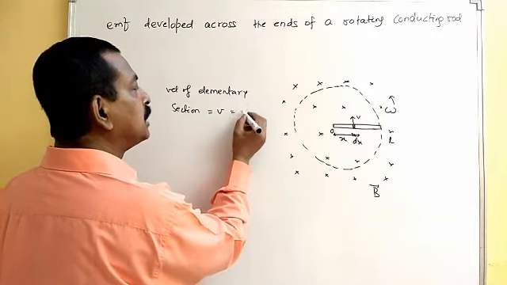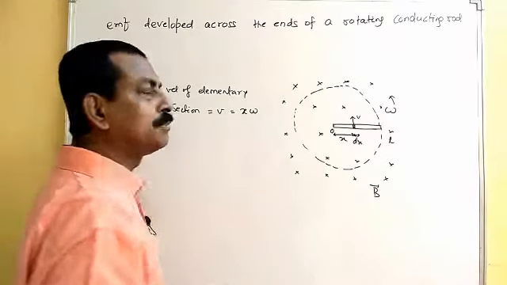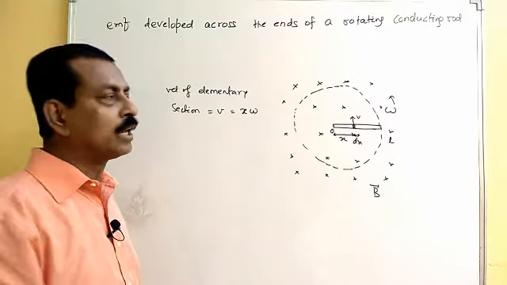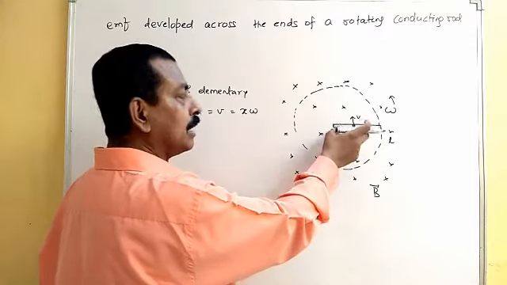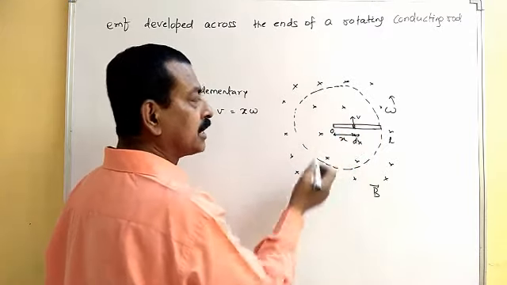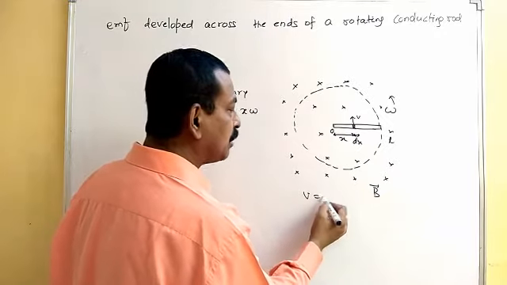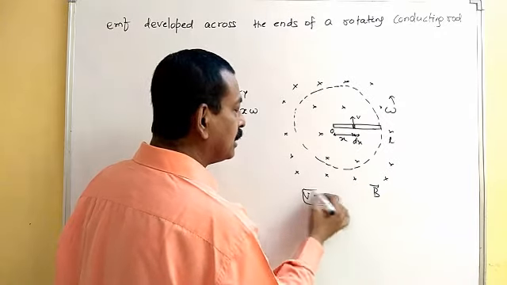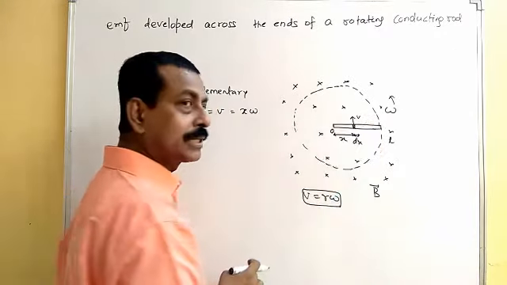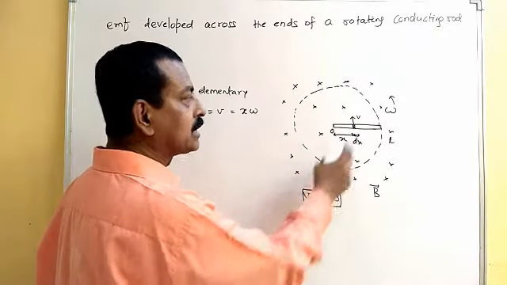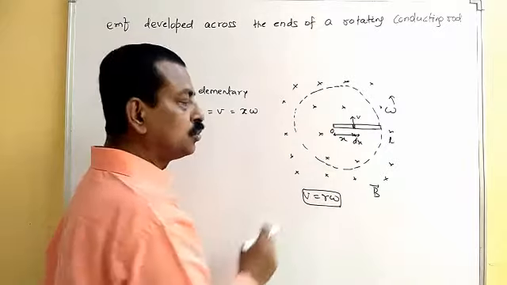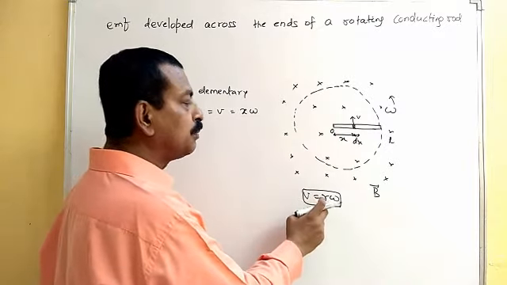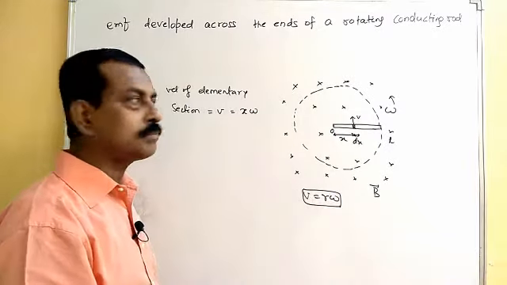The element is at a distance x, and the angular speed is omega for the entire rod, so v will be equal to x into omega.